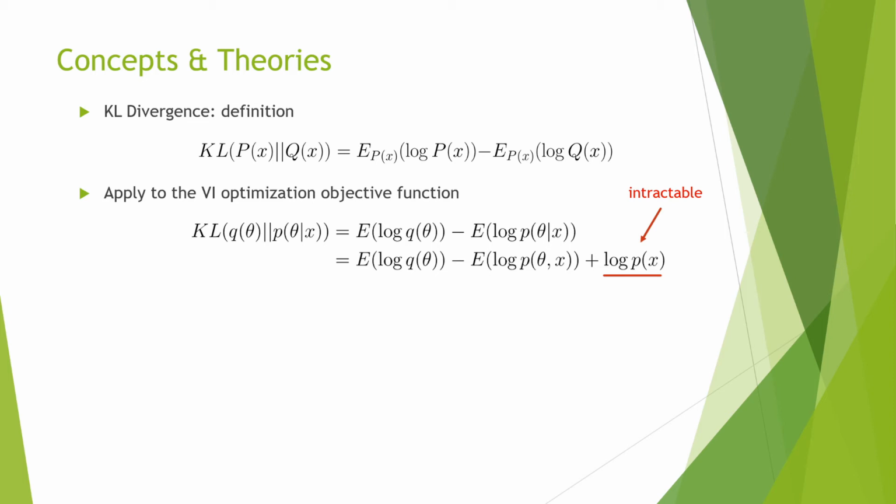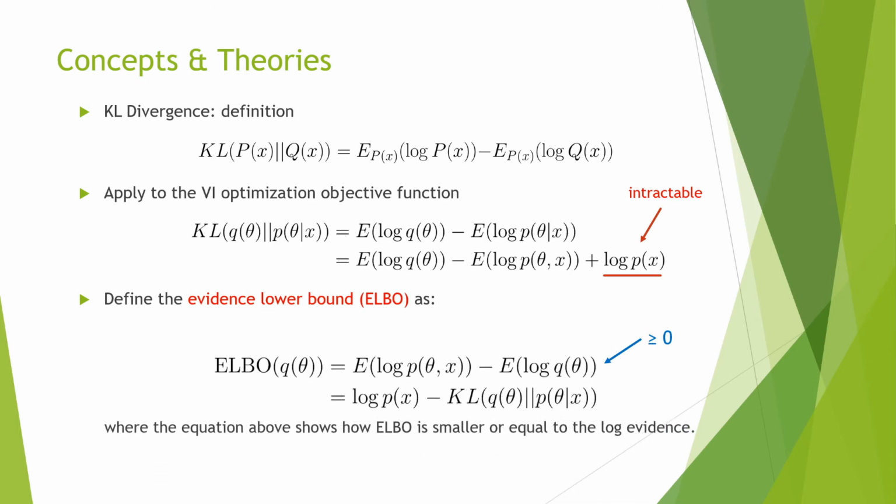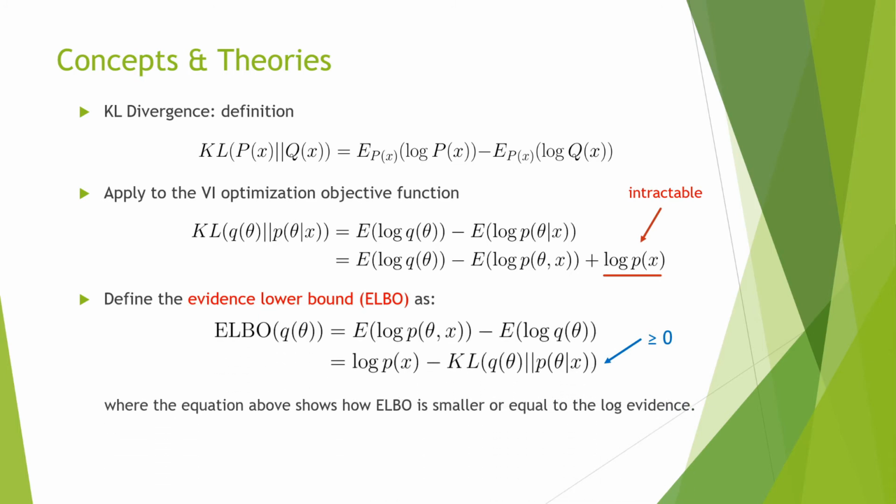However, here comes a trick. Let's define the evidence lower bound, ELBO, as the expectation of log joint minus the expectation of log Q(theta), which by some algebraic manipulation is equivalent to the log evidence minus the KL divergence we want to minimize above.